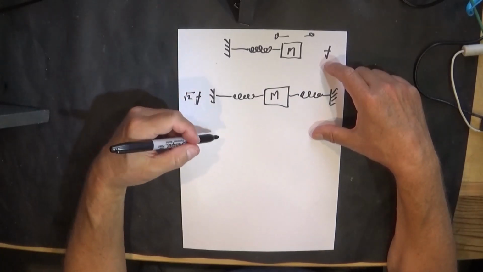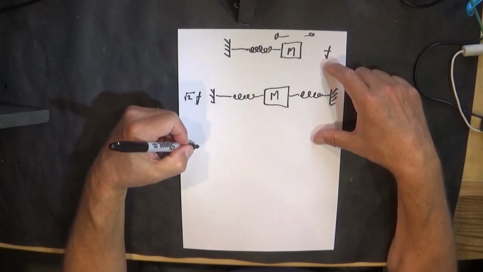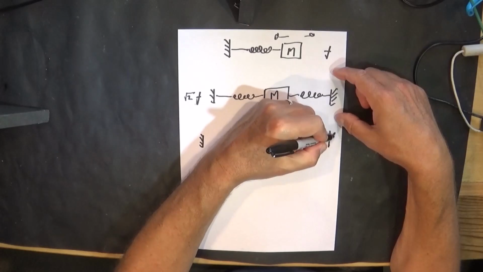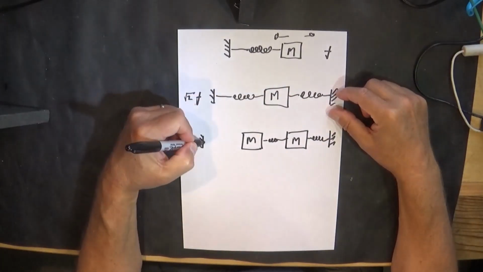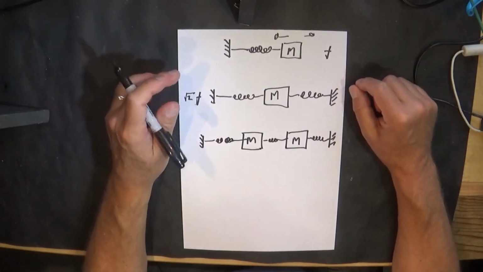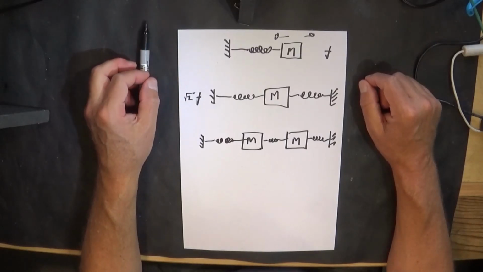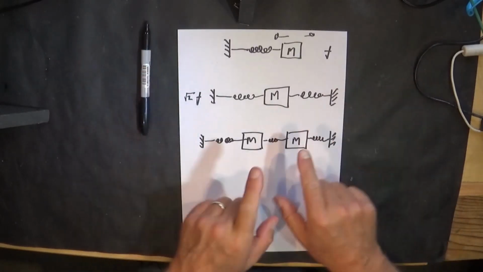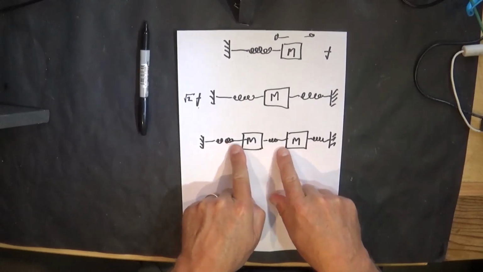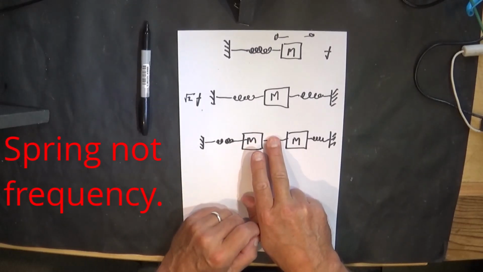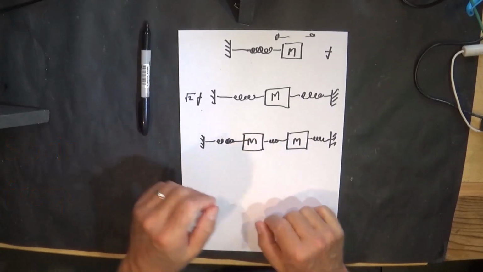And then we looked at 2 masses, and that can oscillate in 2 frequencies. Both the masses can be going the same way, so that spring never extends or contracts, so we can consider it's not there.